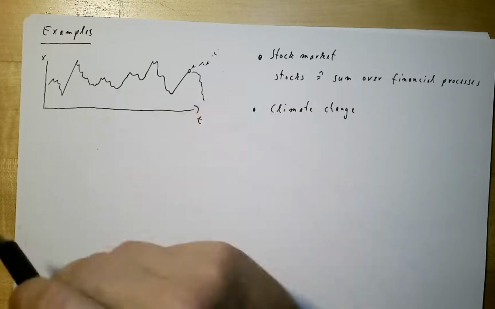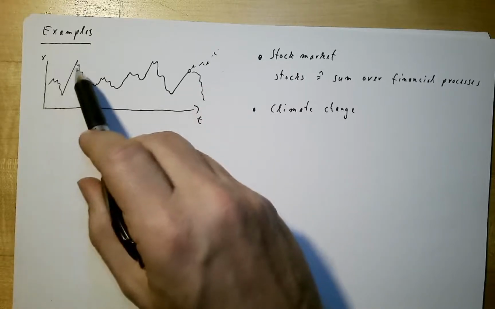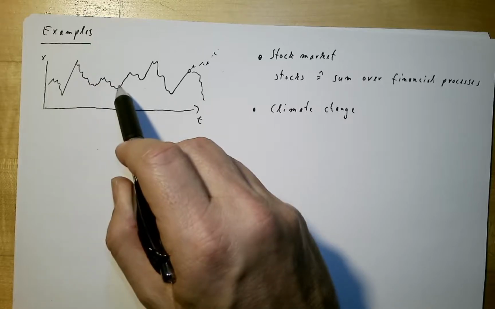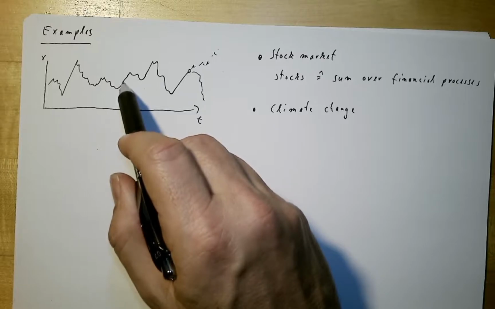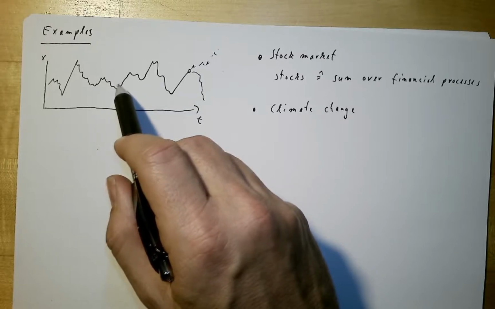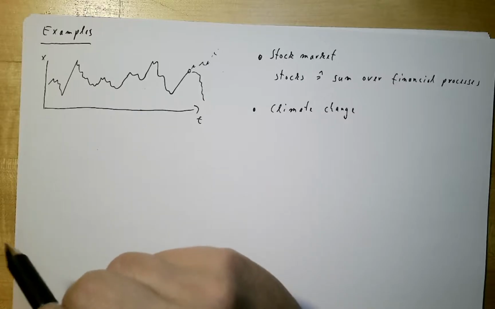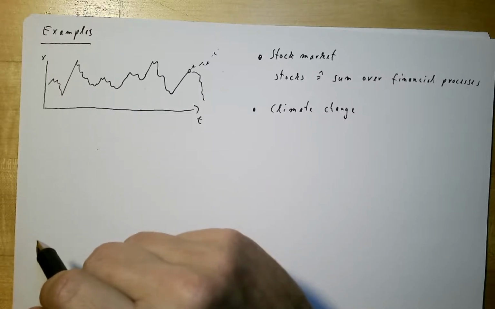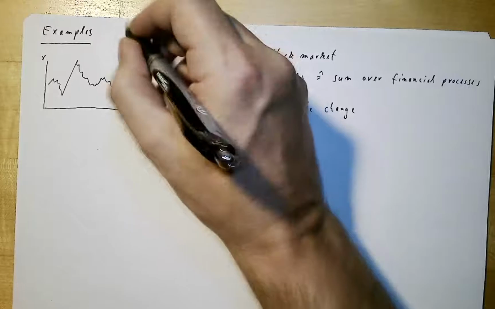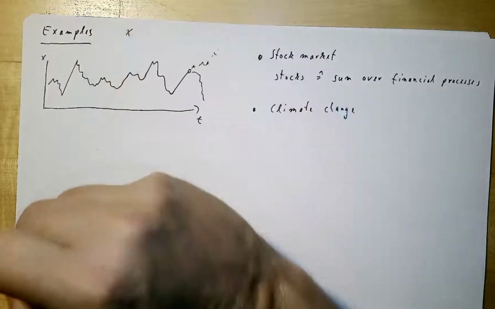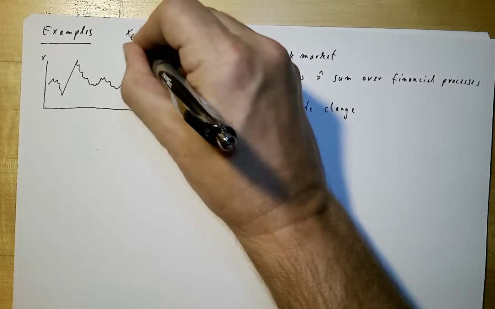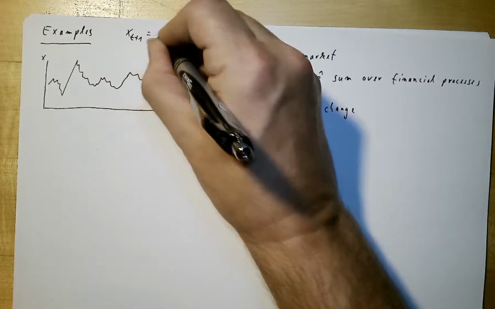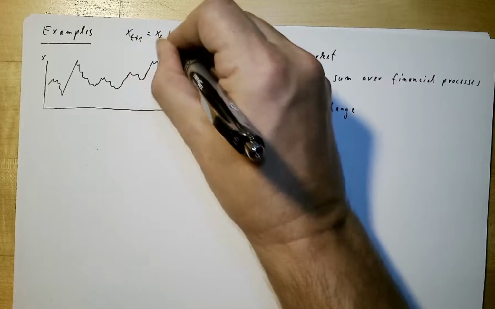Here you see these things, and again, the temperature at a certain time depends on the temperature before plus the changes, and the changes are where all the climate physics is in there. So the state at the next time point is the state at the old time point plus the increments.